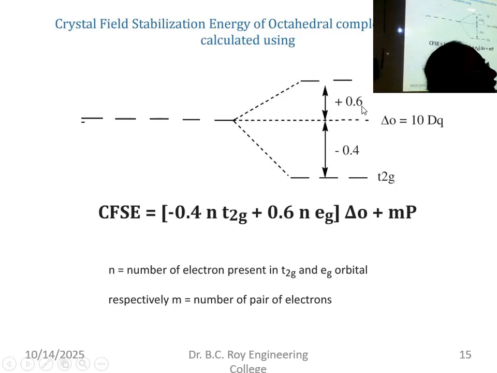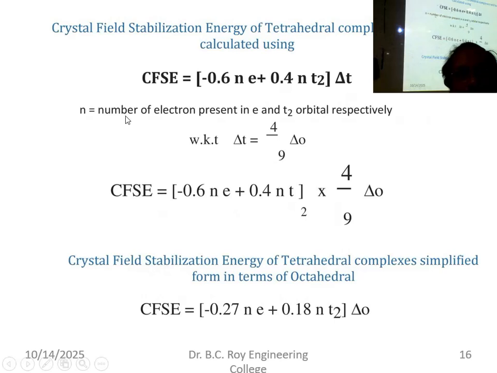Now with a specific example we can calculate the CFSE to make the concept clearer. Let's go ahead. Here, the number of electrons we are taking, N e. This is for a tetrahedral complex. For tetrahedral, T2 is above and E is below.